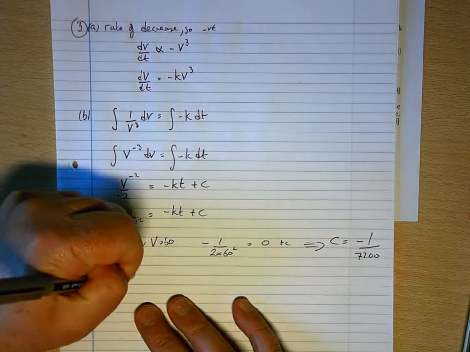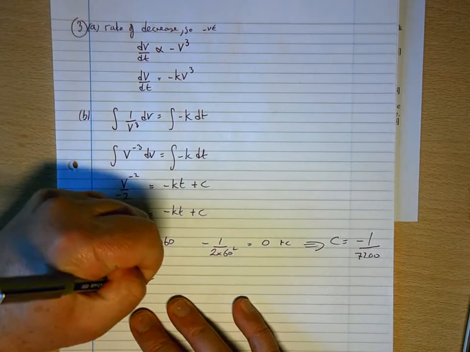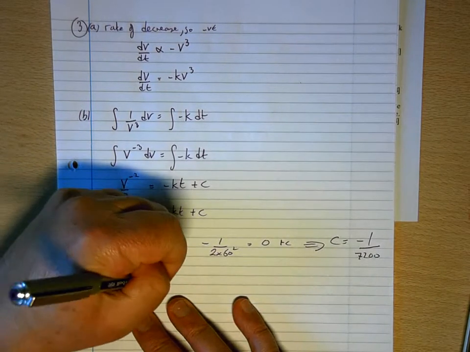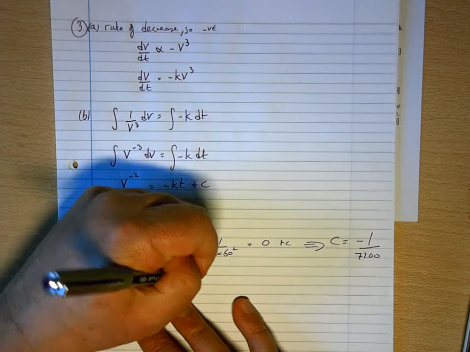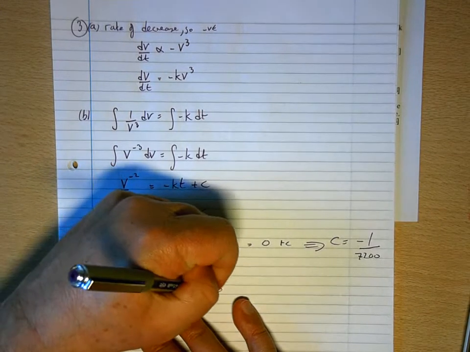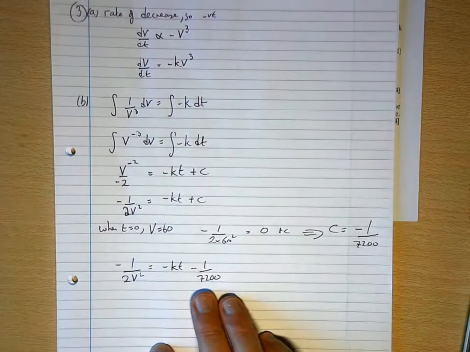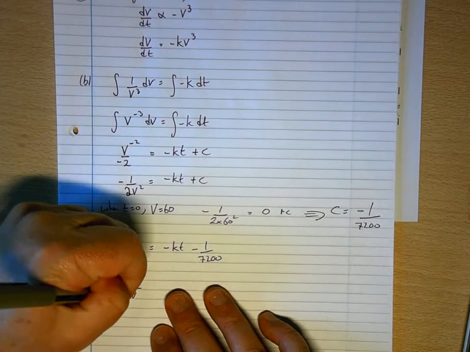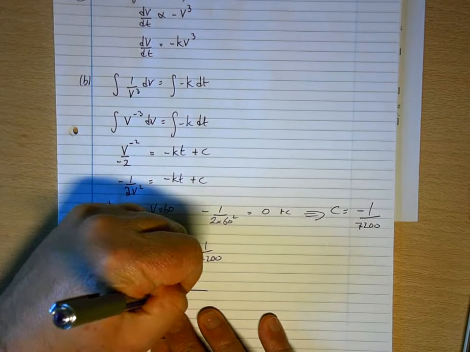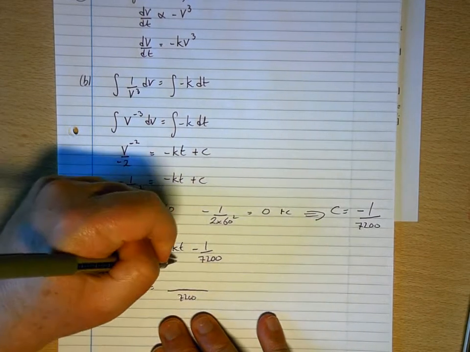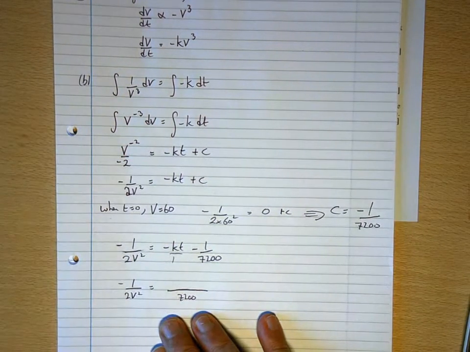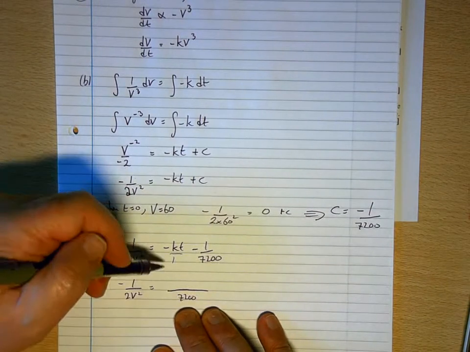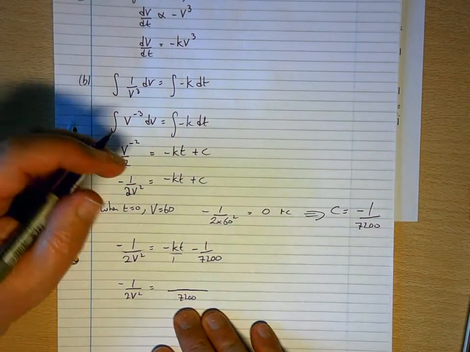Go back to the hideous fractiony bit. Do the same as we did last time. Combine that fraction, so it's going to be all over 7,200. That's over 1. 1 goes into 7,200 7,200 times, so you have to multiply the top by that.